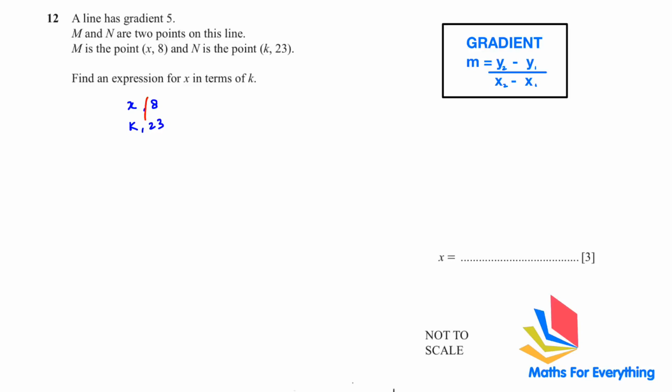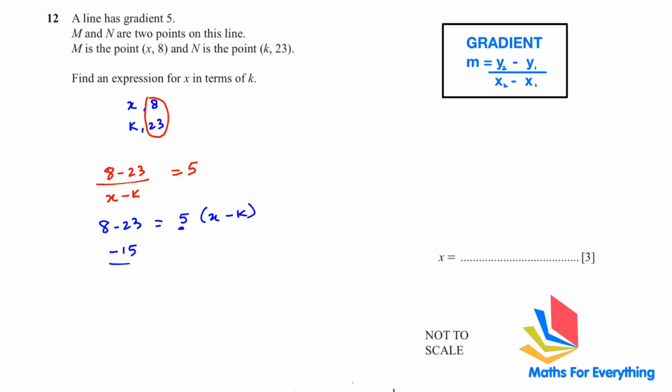So we will take the y's first. 8 minus 23 over x minus k is equal to 5. Cross multiply, so we will get 8 minus 23 is equal to 5 times (x minus k). 8 minus 23 is negative 15.